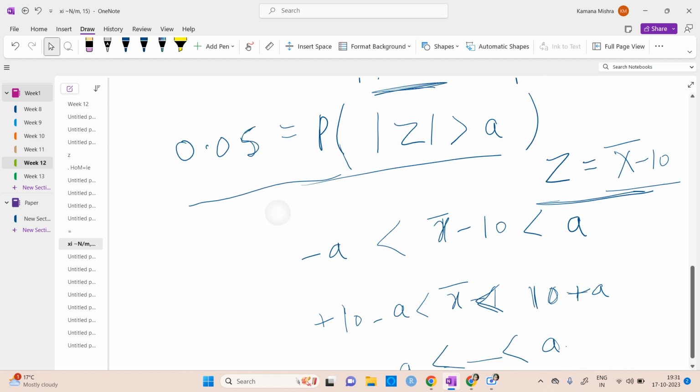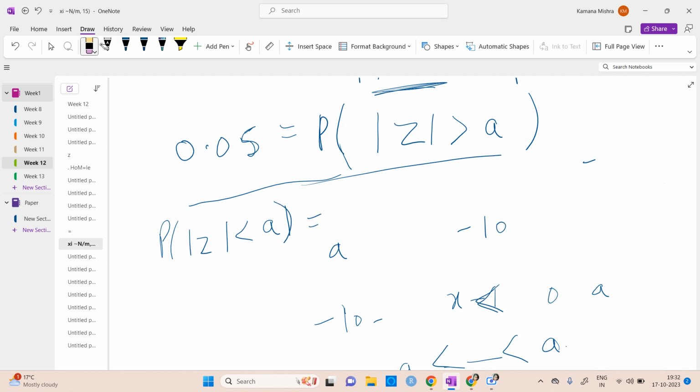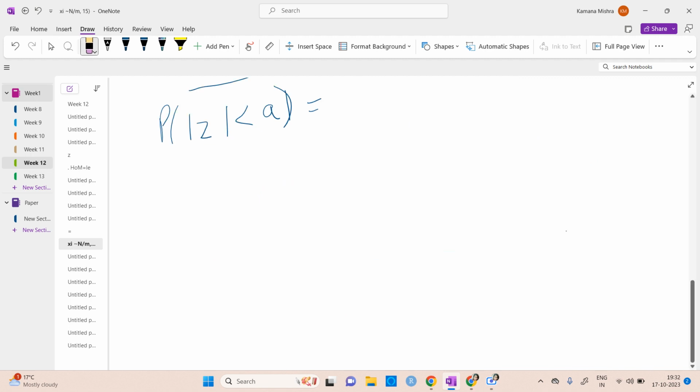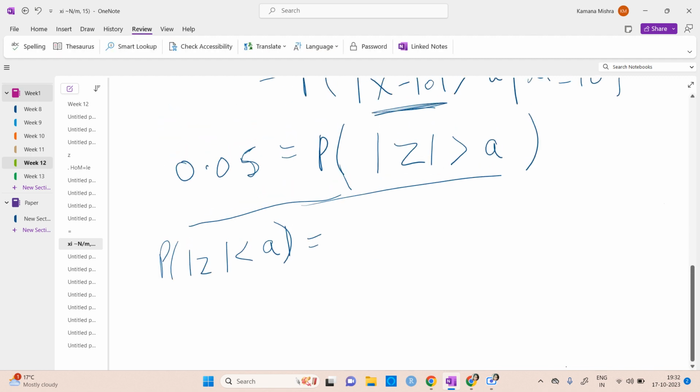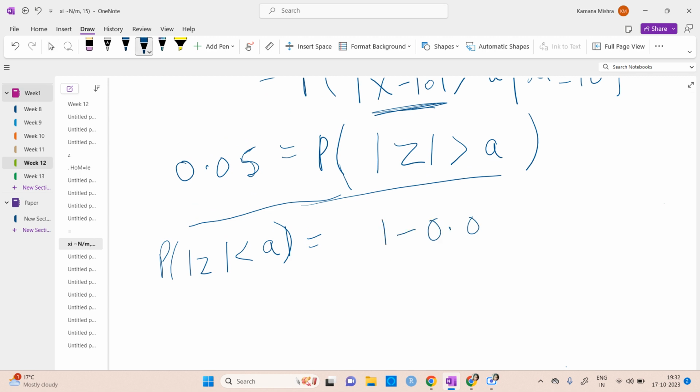So what you can do is take the probability that mod z is less than A, which would be 1 minus 0.05, that is 0.95.